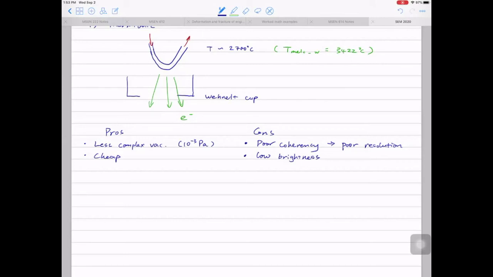You can spend more time on each pixel, so the beam can dwell longer on each pixel. That means improving the signal to noise ratio for each image takes longer. The third disadvantage is it has a short lifetime.